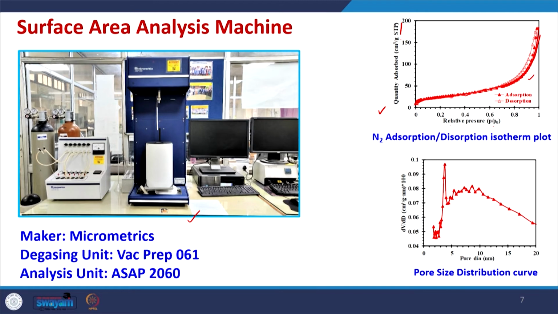Many people work upon this, and from this data we can get dV by dD type of data also. I will not go into that much detail in this lecture, this is another topic, but we can see how much surface area is available with respect to pore size, suppose up to 5 nanometer and above that. Any size range we can select to know how much surface area is because of mesopores and how much is because of micropores. All those analyses can be performed.